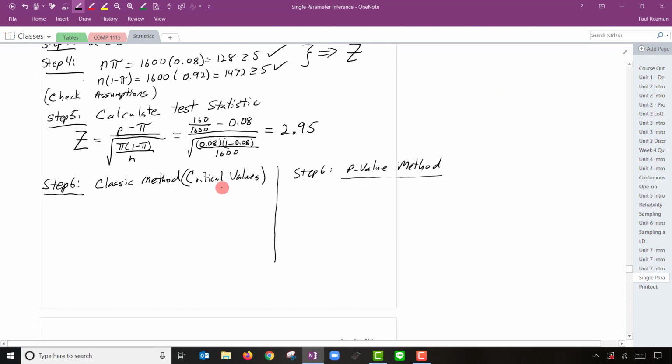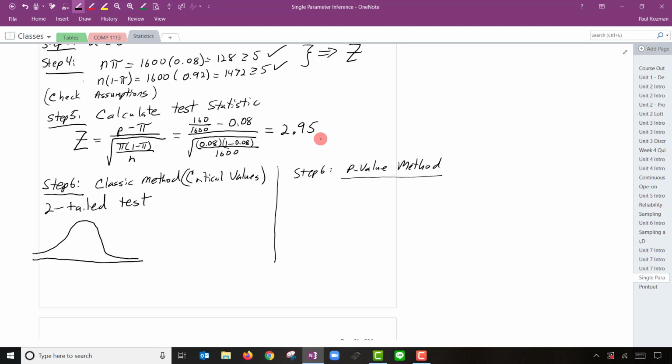I said we're going to calculate some critical values. This is a two-tailed test. We're going to find critical values in the upper tail and the lower tail. And then we're going to compare our test statistic to those critical values.